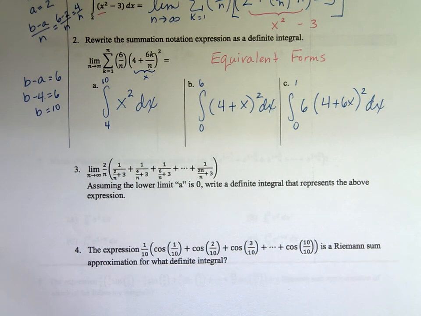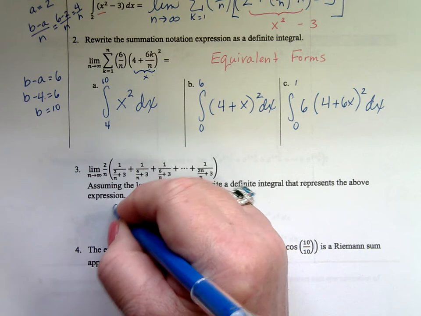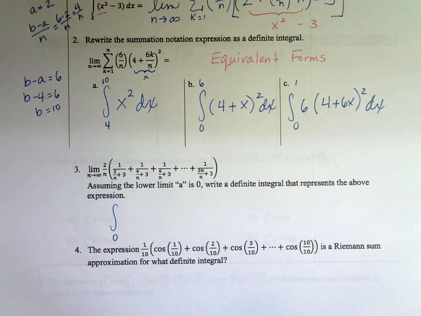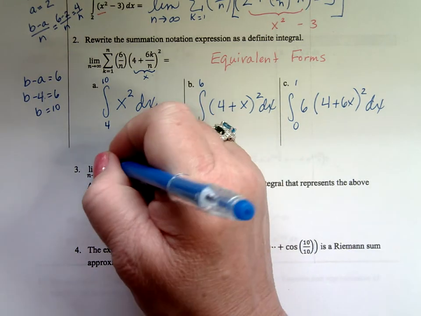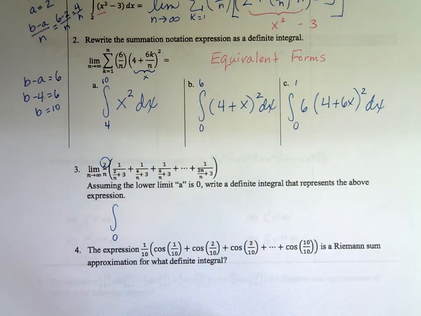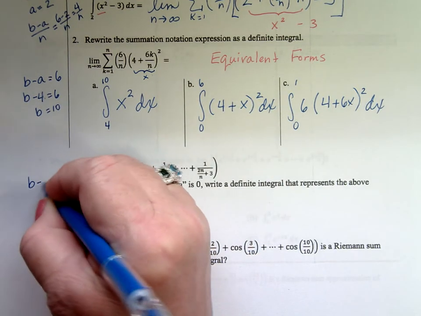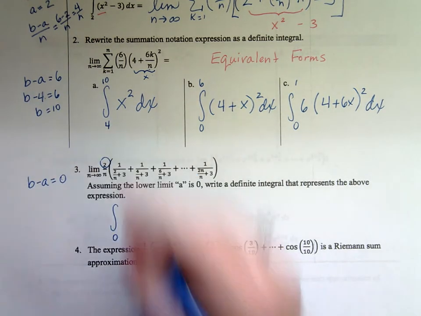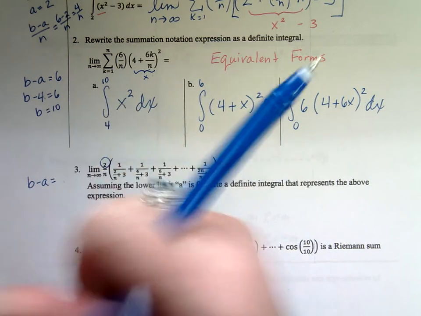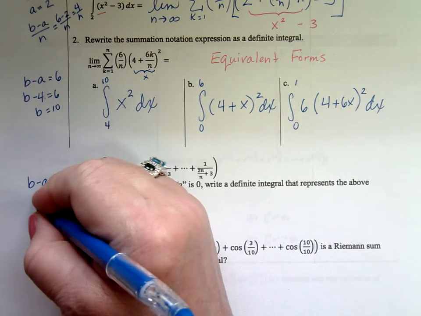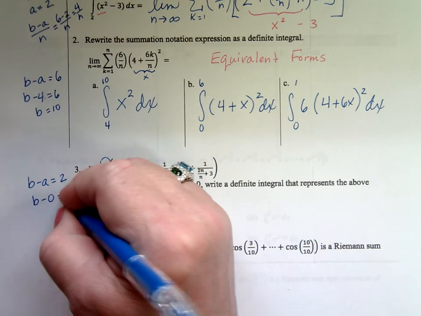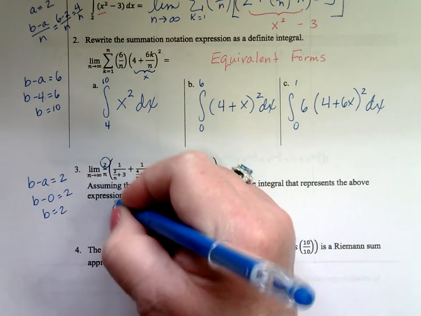So I want to write the integral form. Here's my integral form. They tell me the lower limit is 0. I know that this, too, represents b minus a. Oh, equals 2. And I know that a is 0. So that means that b has to be 2. There you go. There's your upper limit.